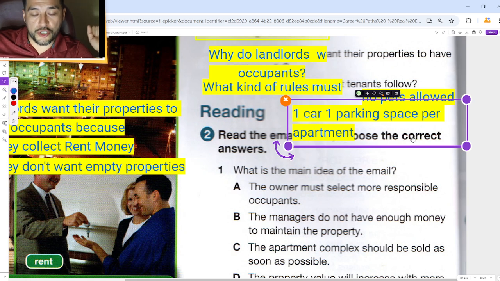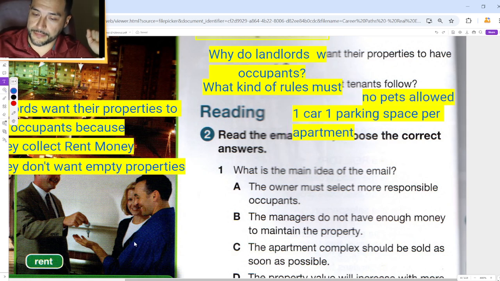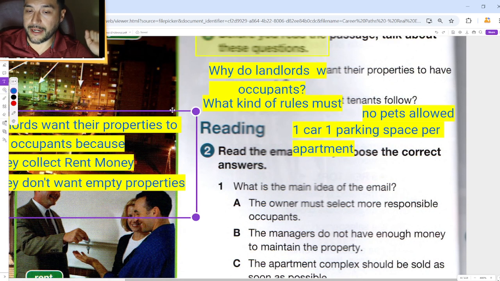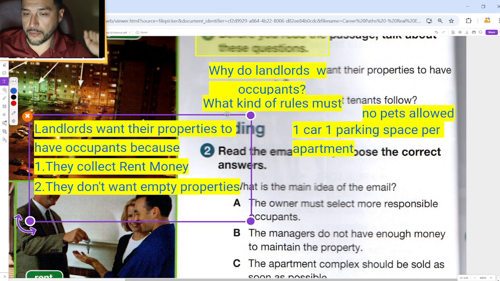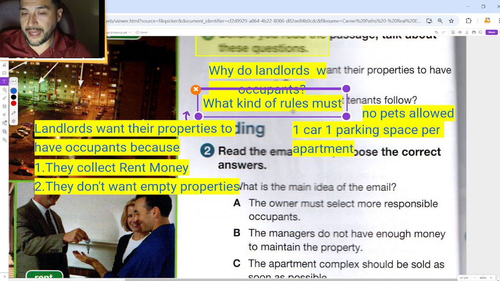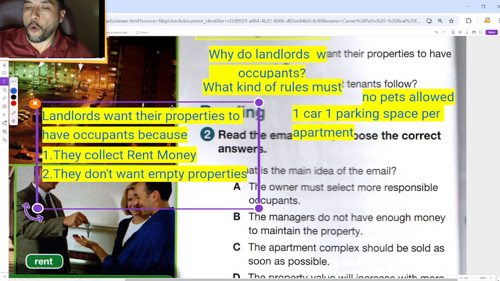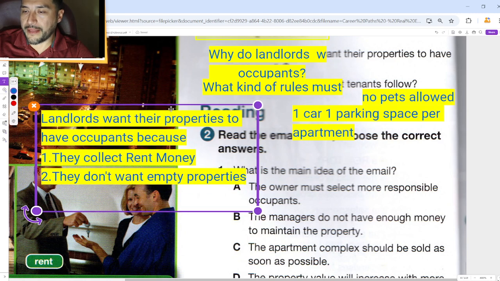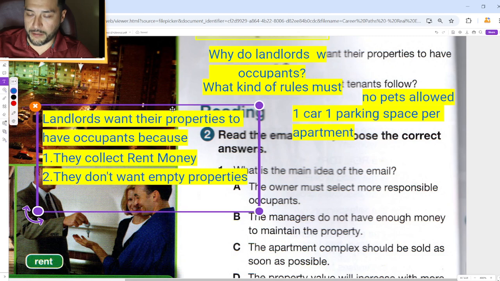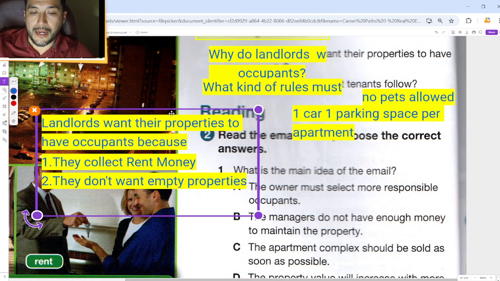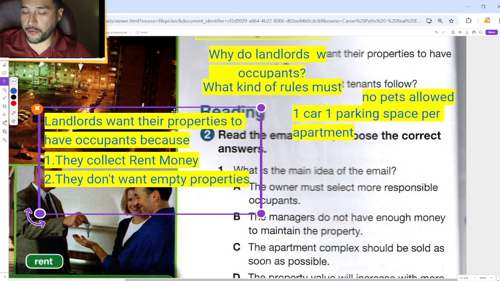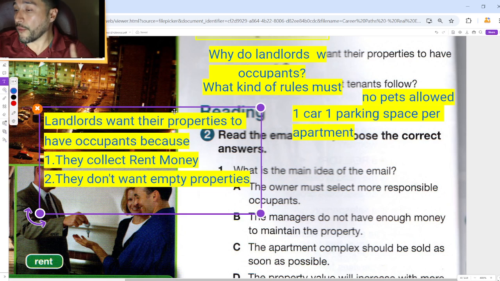What kind of rules do they have at your place? Today we're going to look at some rules. Okay, let's practice the get ready. Why do landlords want their properties to have occupants? Landlords want their properties to have occupants because they collect rent money.